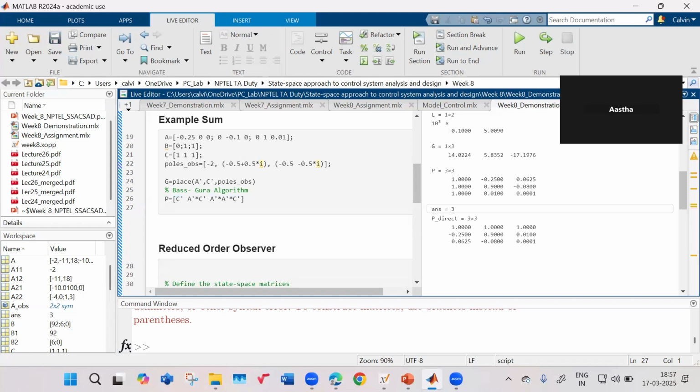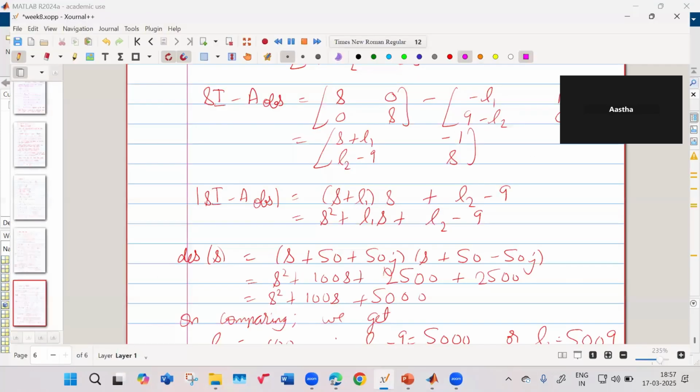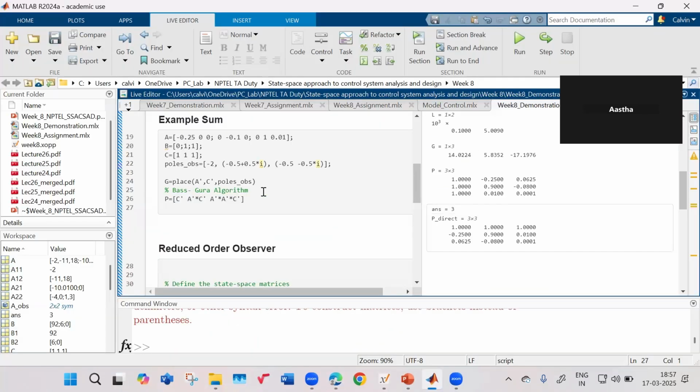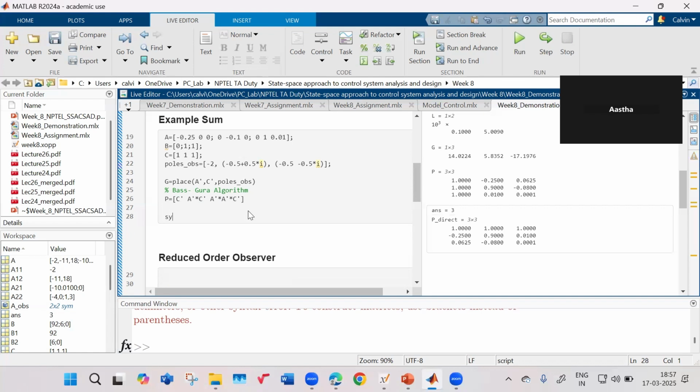Now we have to find our W matrix. For that, we have to find the eigenvalues of our original open loop matrix.